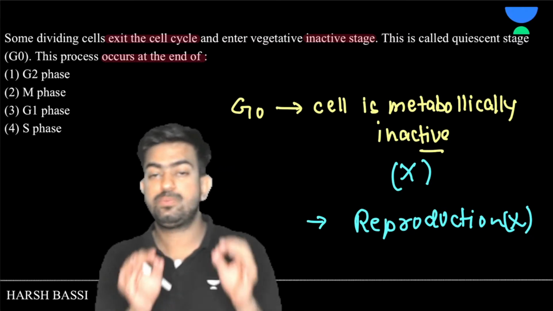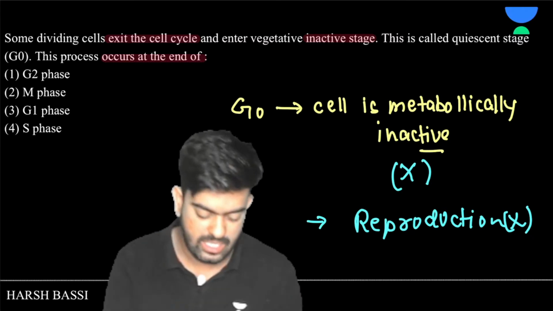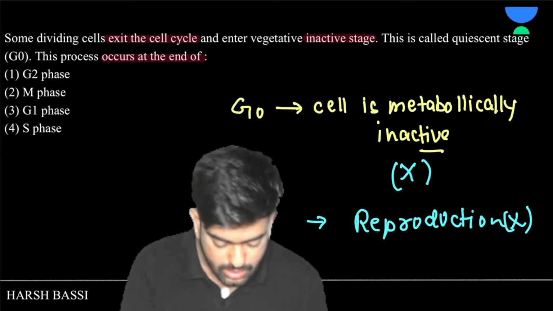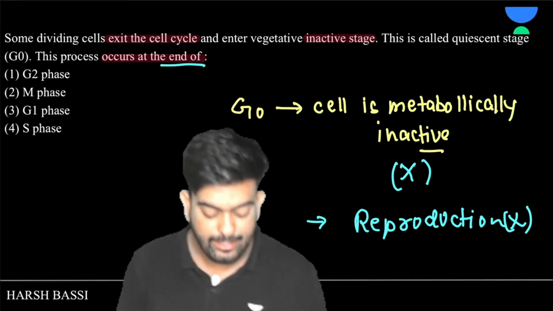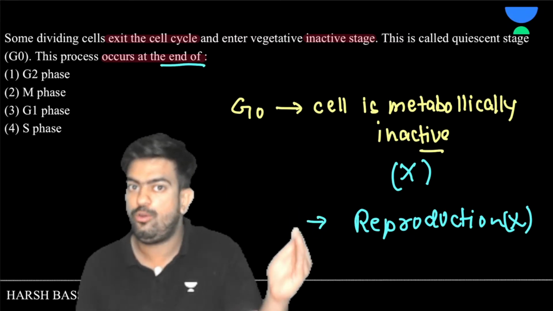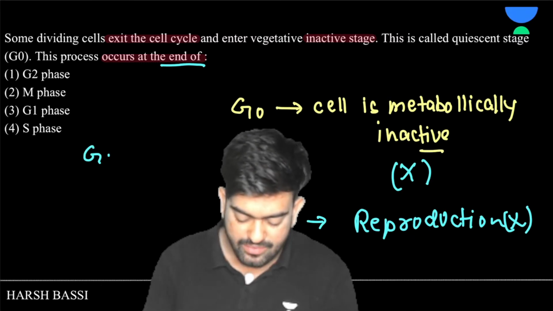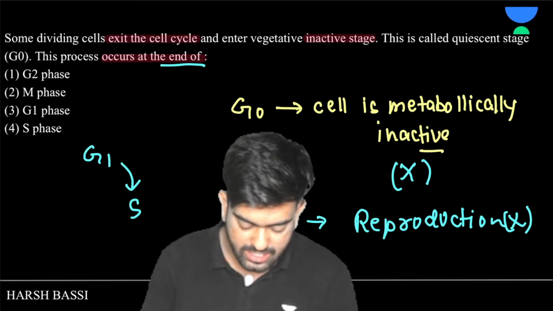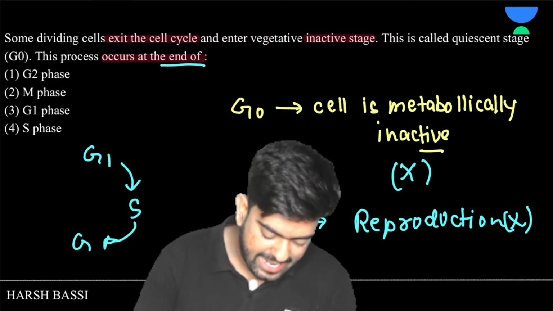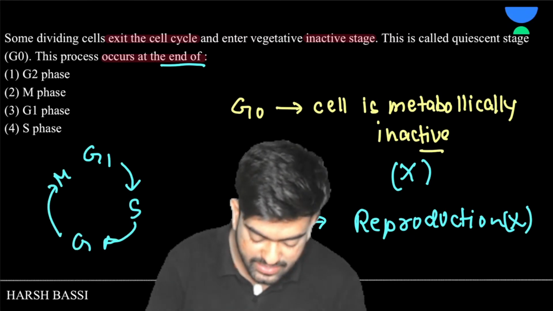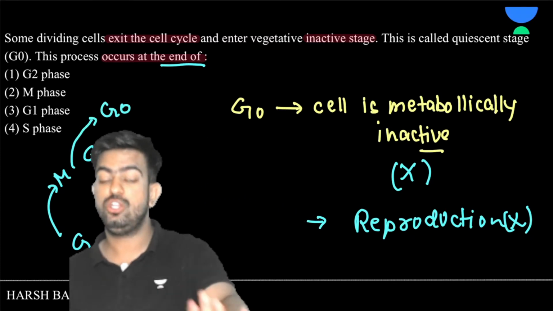Now, this quiescent stage or the G0 stage comes after which phase? This process occurs at the end of what? In the cell cycle, we had the G1 phase, S phase, G2 phase, and M phase. And after the M phase, we had the G0 phase.